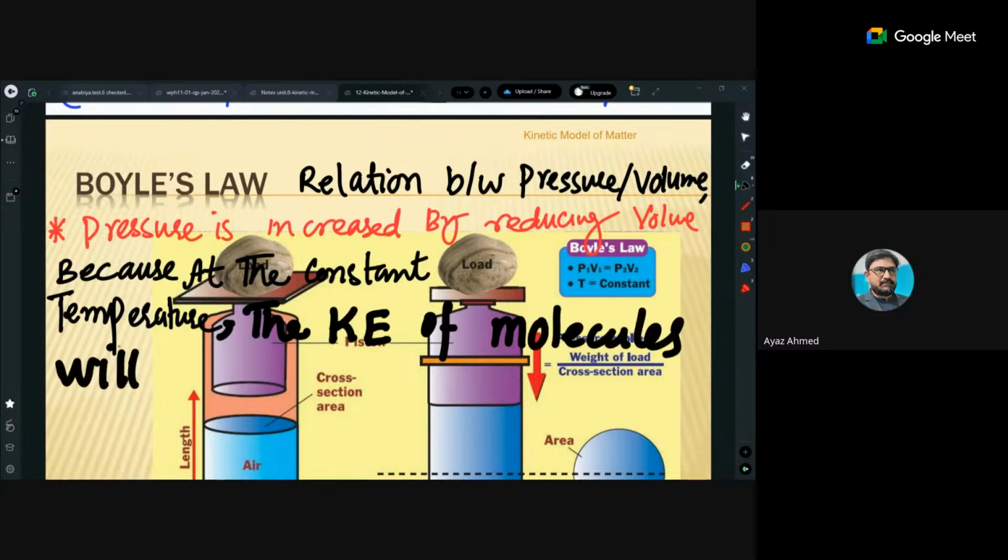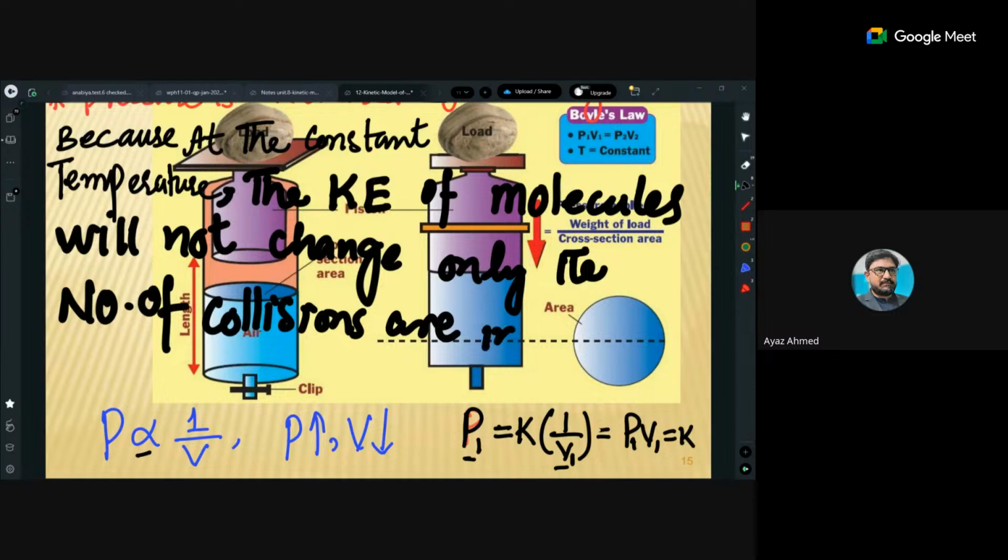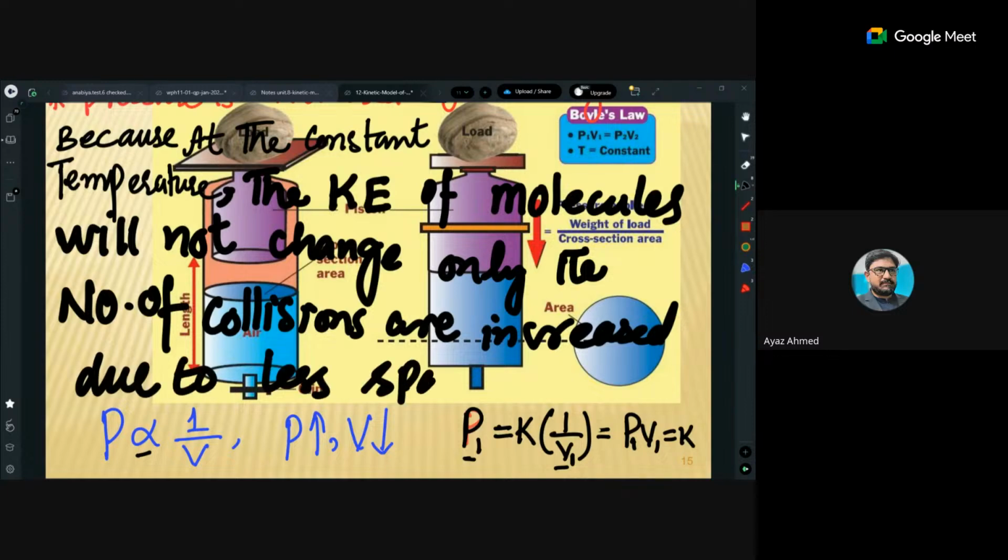Only the number of collisions increases, due to less space. Are you getting it? Is it clear to all? Yes, sir.